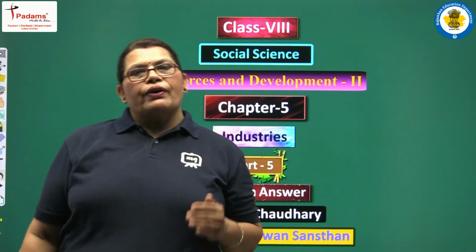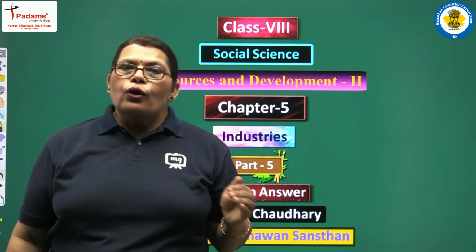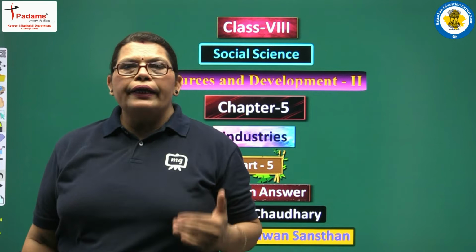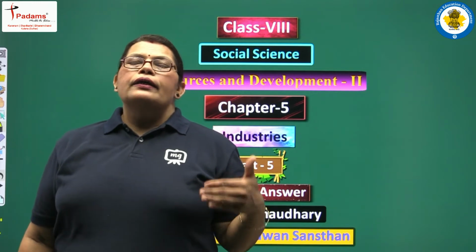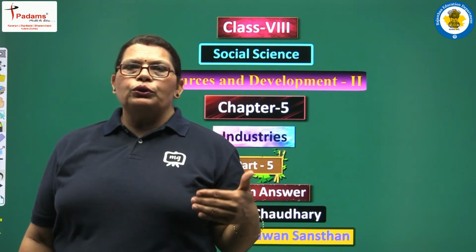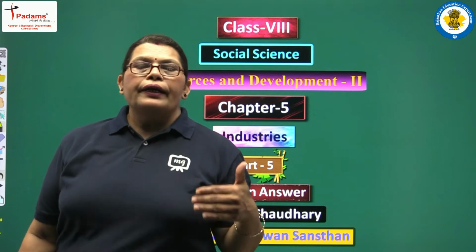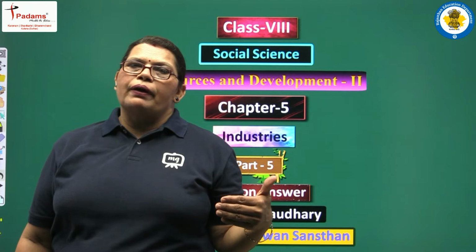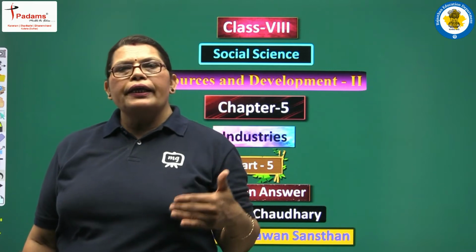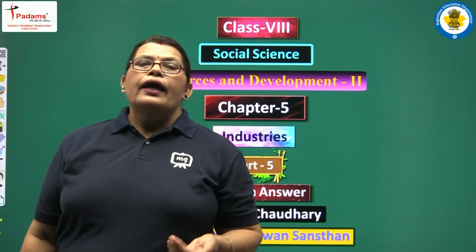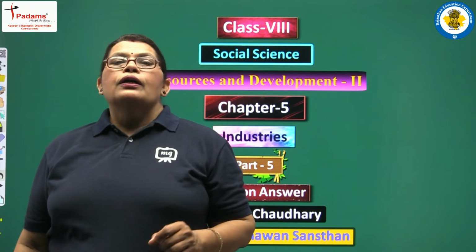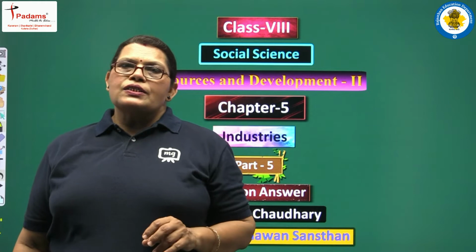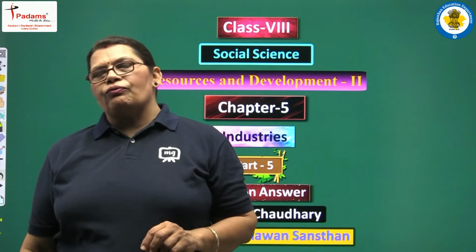When we are discussing cotton textile industries, students, we all know that in India, Ahmedabad has the second largest position all over India. The first mill in Ahmedabad was set up in the year 1861, and when we are discussing Mumbai, the first mechanized mill was established in the year 1854.